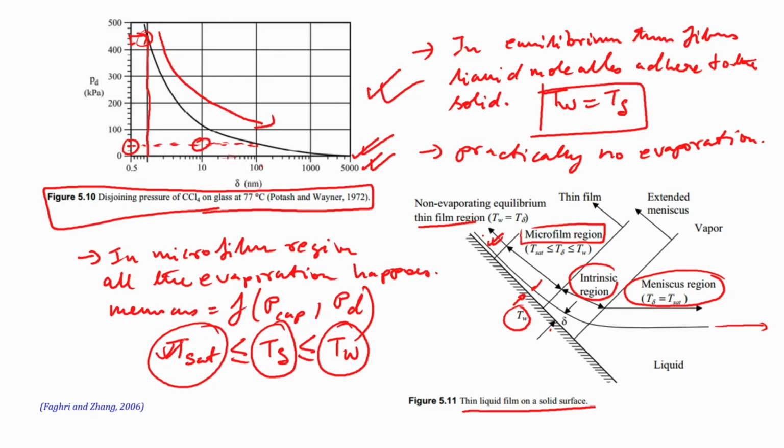So, the flow in this particular region is driven by curvature and disjoining pressure.